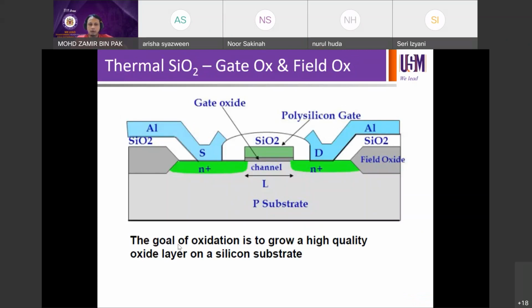And by now you already know that the structure of a MOSFET consists of a gate on top, and you have a very thin layer of gate oxide under the gate, and then of course you have the wafer. Your wafer as the body can be p-type or n-type, and then you form the source and the drain on the left hand side and on the right hand side of the gate and gate oxide, right?